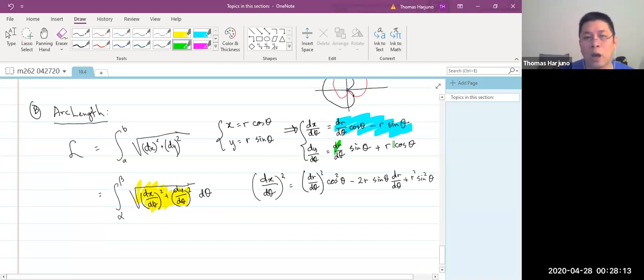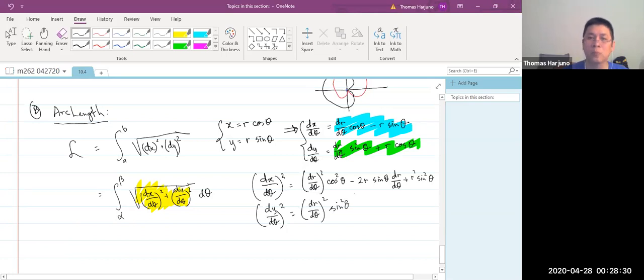And then dy d theta squared will be (dr d theta) squared sine squared theta, plus 2r sine theta cosine theta dr d theta, plus r squared cosine squared theta.